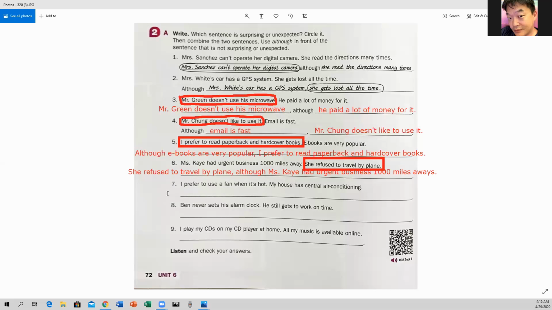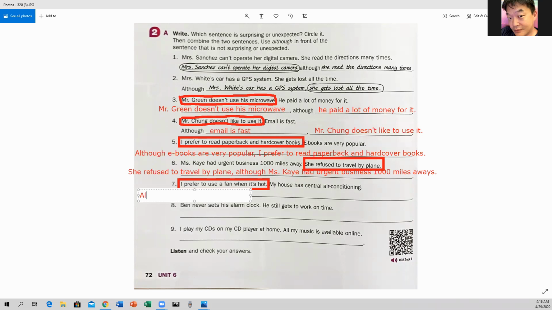Let's go to sentence number 7. I prefer to use a fan when it's hot. My house has central air conditioning. The surprising sentence is this one here. You have air conditioning, but you prefer to use a fan when it's hot. So, how do you do the sentence here? Although always comes with a certainty one.